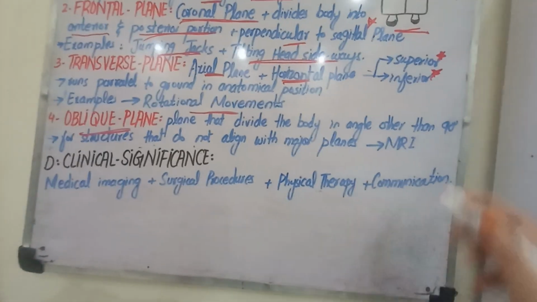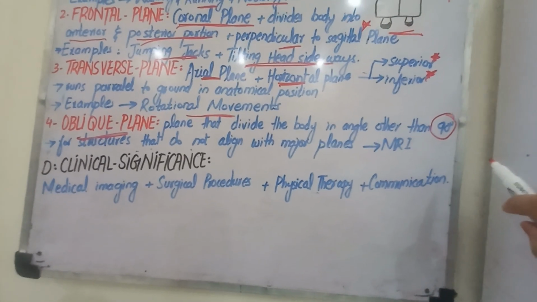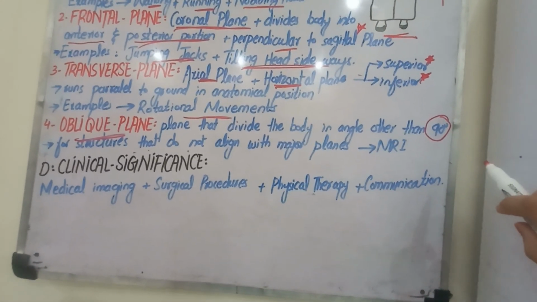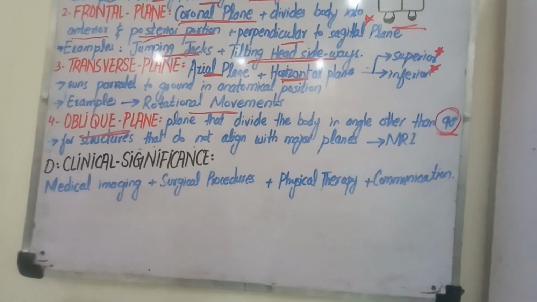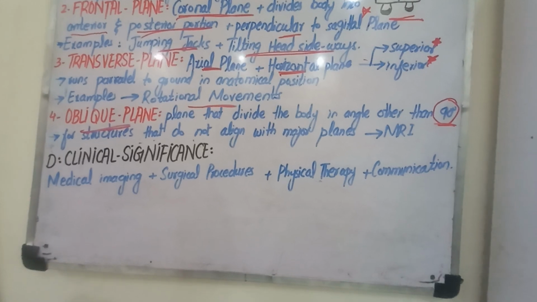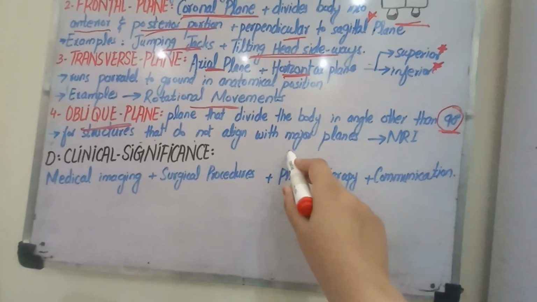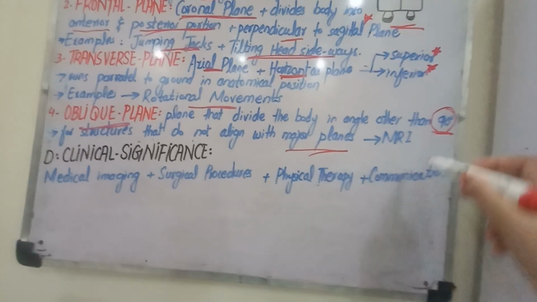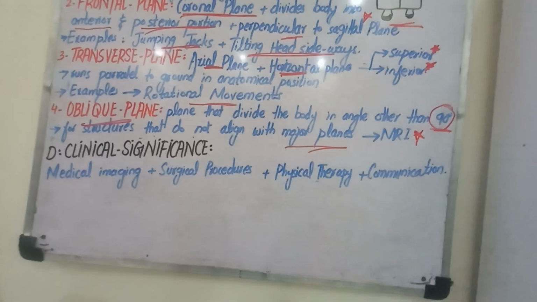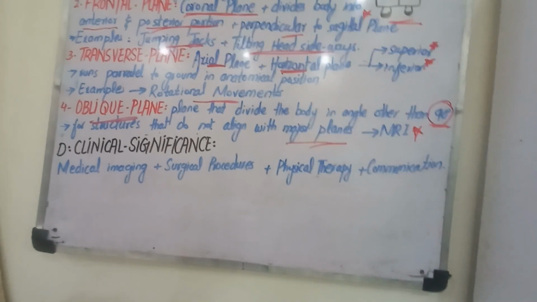They divide the body at an angle that is not 90 degrees, because the 90-degree angle is for the sagittal, frontal and transverse planes. It is important for structures that do not align with the major planes. Its importance is in MRI, CT scan or any kind of imaging or radiography.